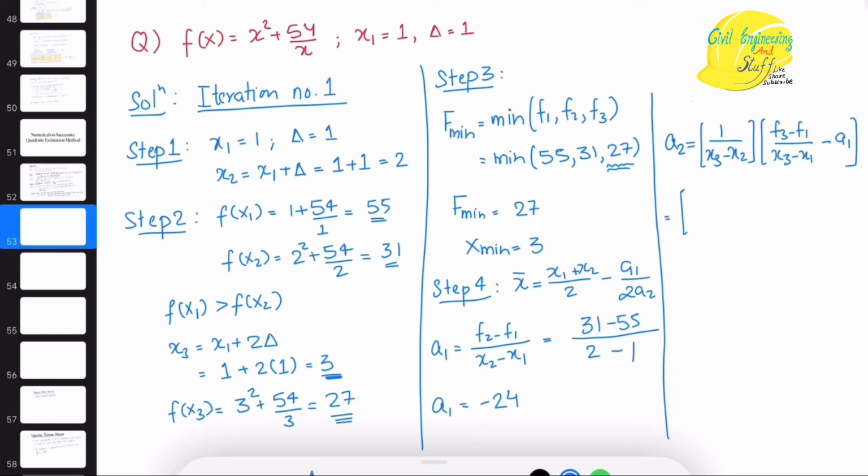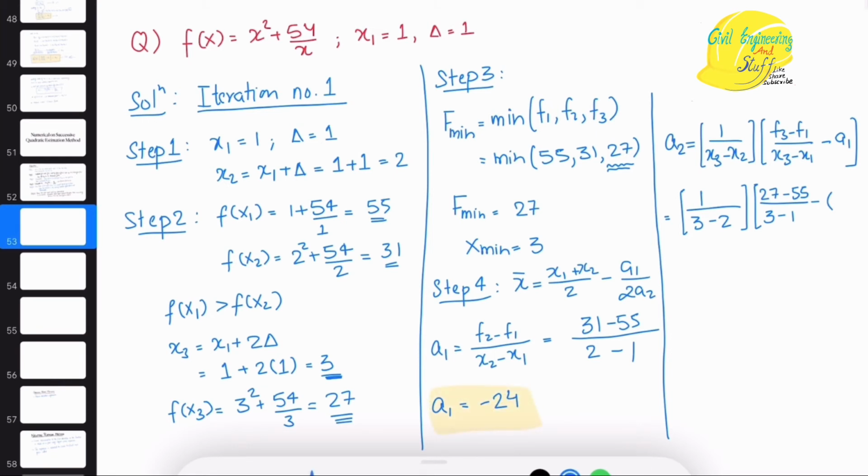So this is equal to 1 upon (3 minus 2). What is the value of f3? f3 is 27 minus 55, x3 again 3, and x1 is 1, minus the value of a1, which is minus 24.